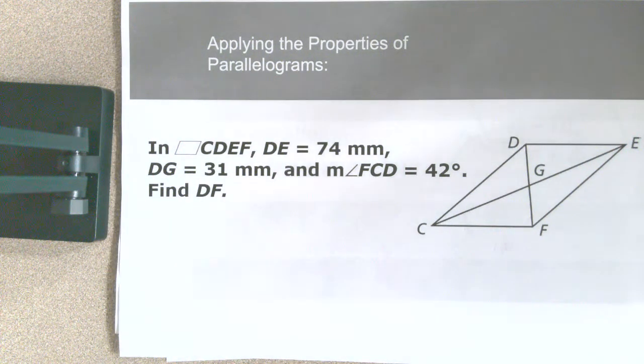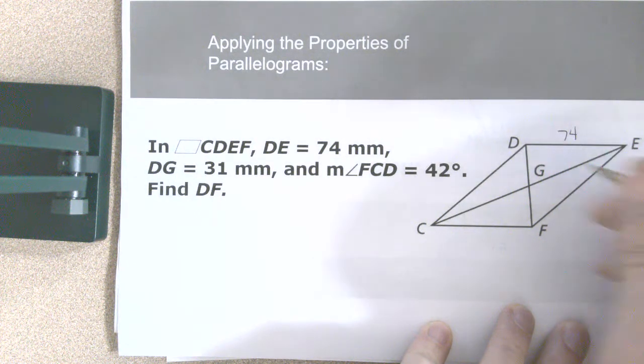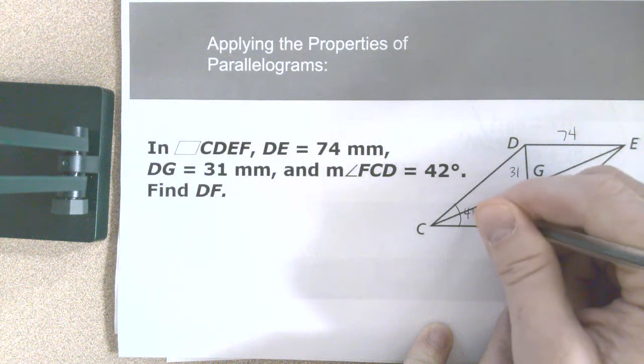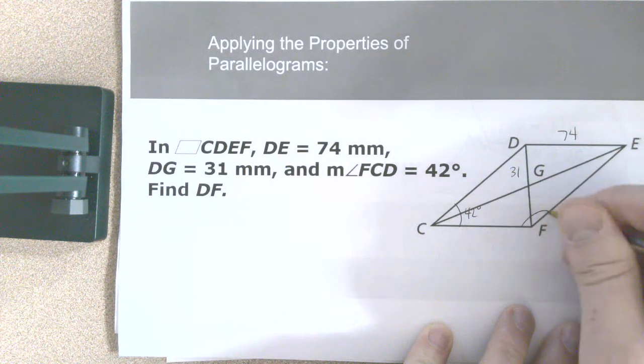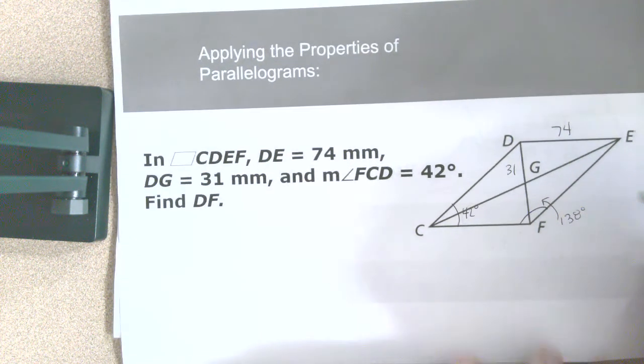So on this one, remember we still know that DE is 74. We still know that DG is 31. We said this is 42 degrees. We already found this angle to be 138. Now they want us to find what's the length of DF.